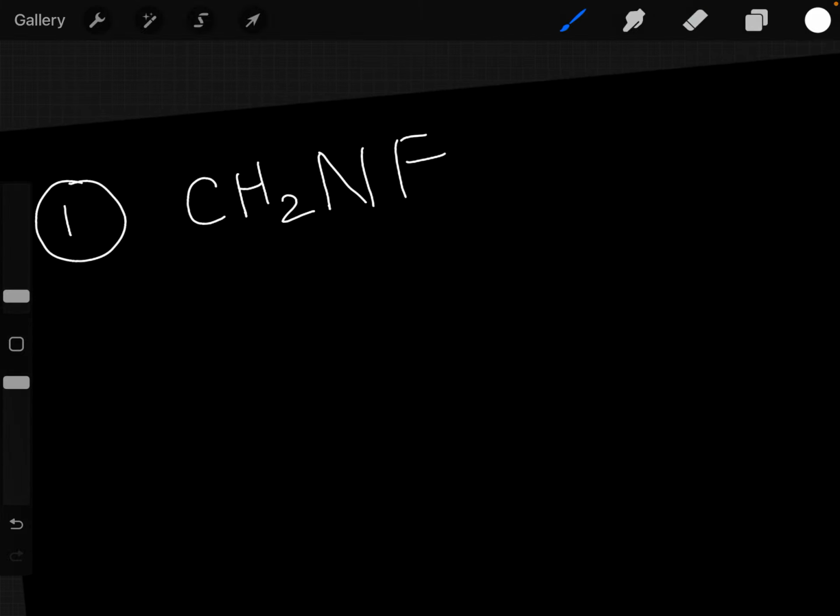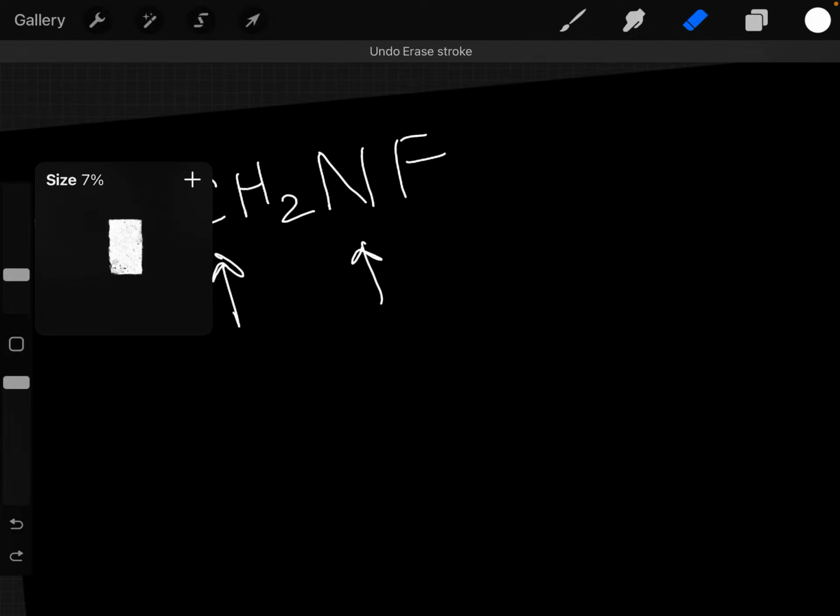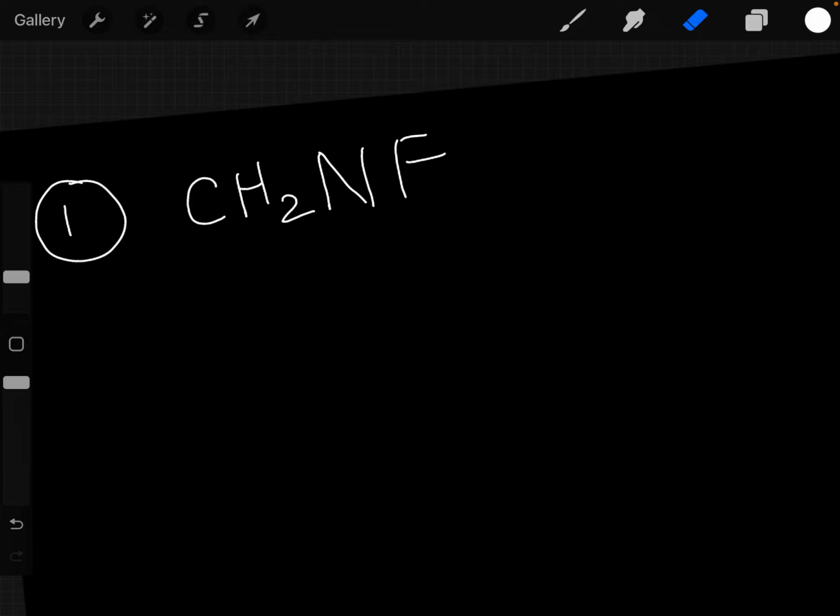So usually you're going to see a Lewis diagram with carbon with more than one such atom, because carbon tends to form a lot of bonds. So let's first determine which of these two elements are able to form central bonds.